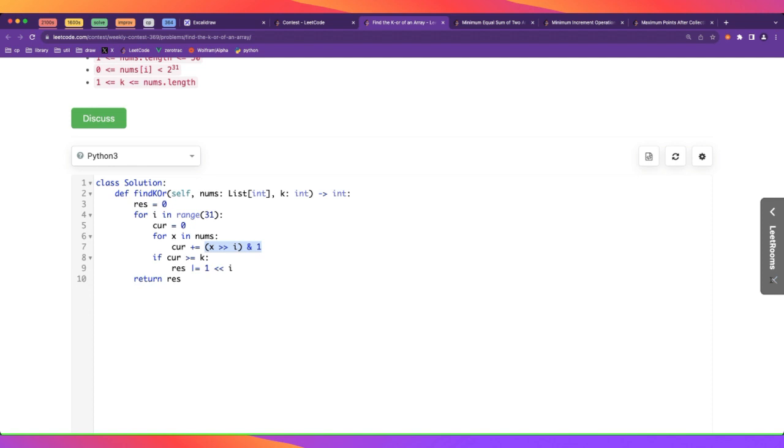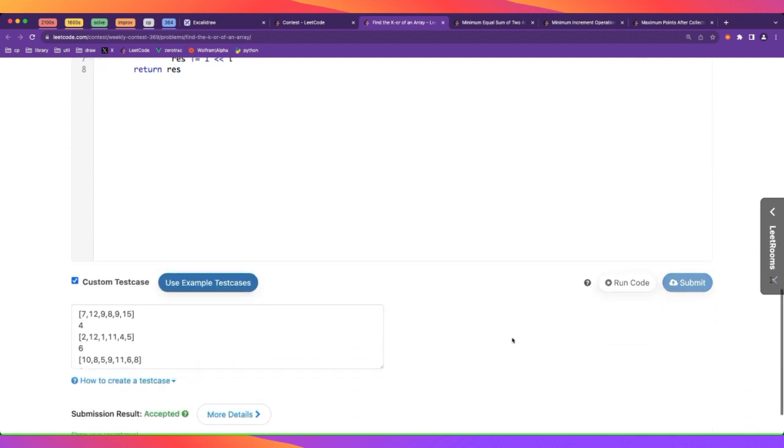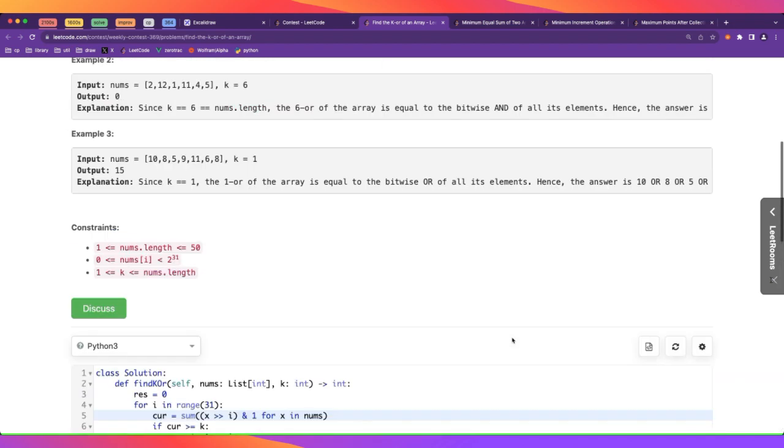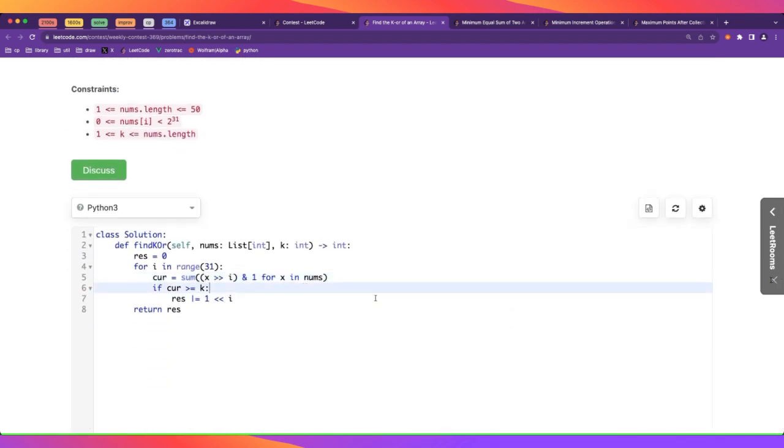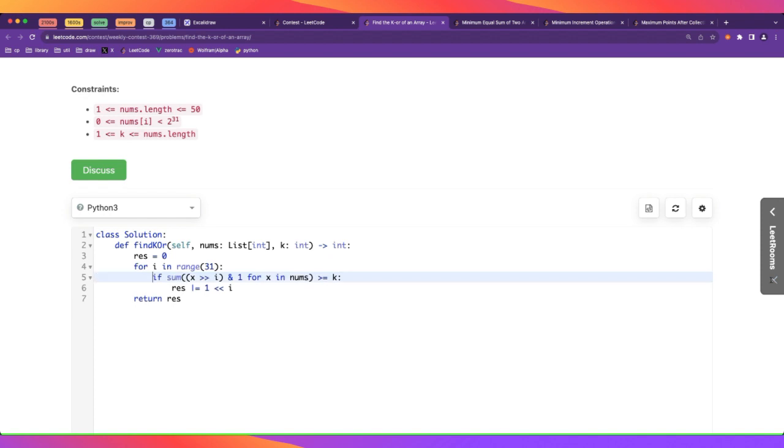So this is that kind of solution, but we can use the Python things, and since we are only adding these values, we can use the sum function, and here we simplified it a little bit. Now cur is only used once, so we can put it here. This is pretty mechanical.